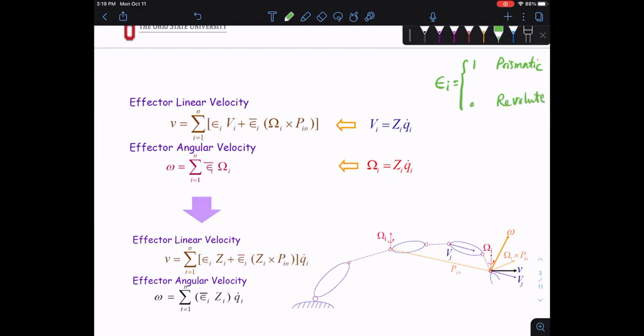If you have a prismatic joint, V_i, whatever it is, will be counted, right? If the joint was revolute, your epsilon is 0, so this becomes 0 times V_i, so there is no linear velocity because of that revolute on that frame itself, right?